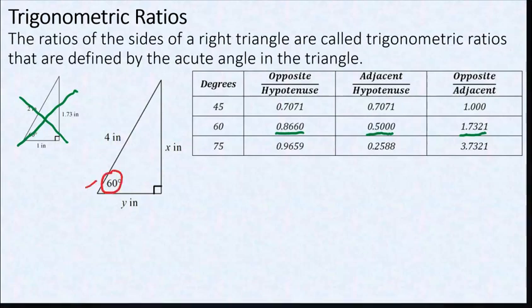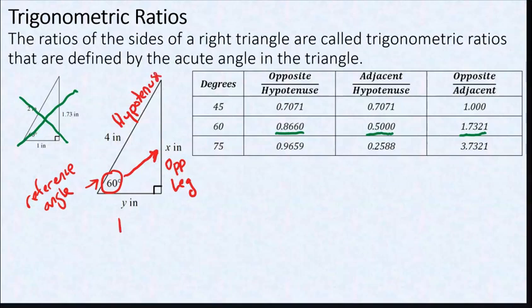This is my reference angle. And what I can do is draw an angle out from my reference angle, or the acute angle of the triangle, and label this the opposite leg. Across from my right angle is the hypotenuse.